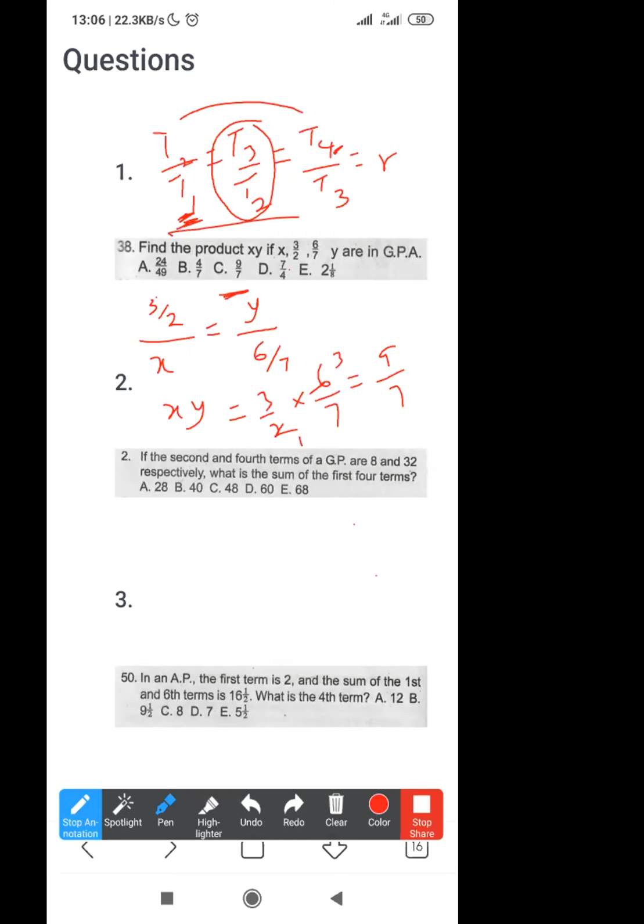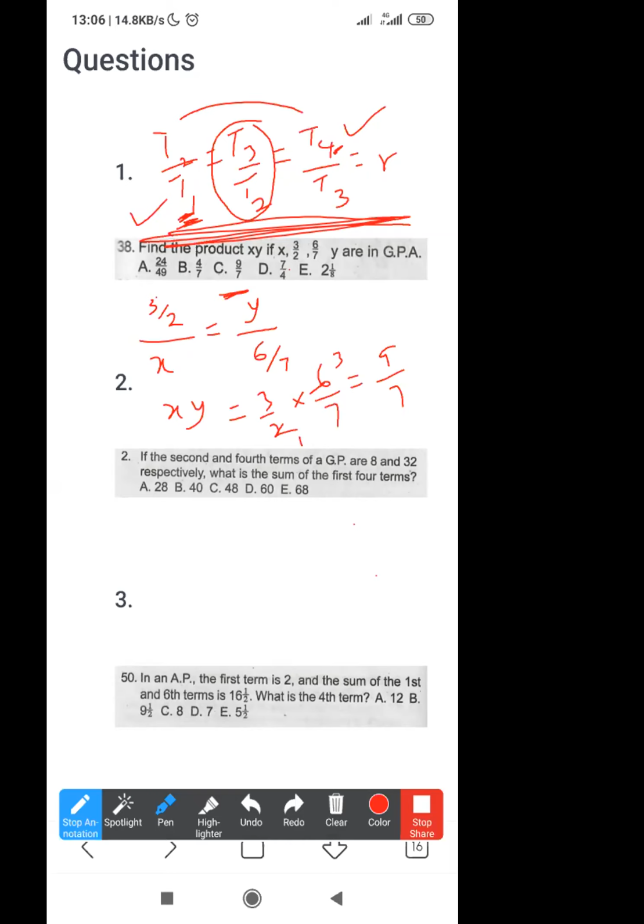With this particular relationship, we have been able to link them. The T1 that you have as X is here. The T4 that you have as Y is here. So it's not compulsory that I link this one and the first two. So I pick the first one and the last one.